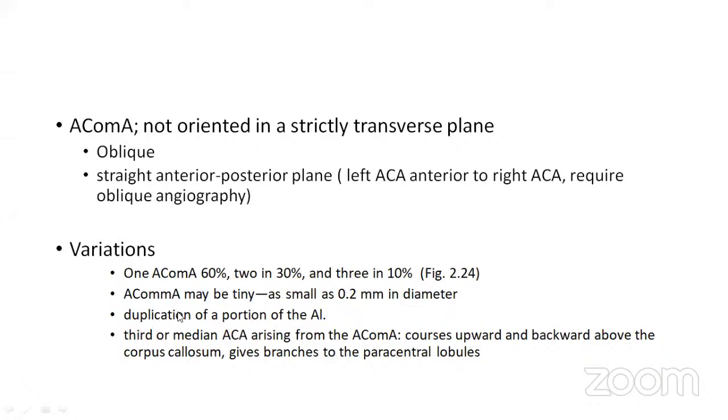The anterior communicating artery may be tiny, as small as 0.2 mm in diameter. There may be a duplication of a portion of A1. There may be a third or median ACA arising from the anterior communicating artery that courses upward and backward above the corpus callosum, giving branches to the paracentral lobules.